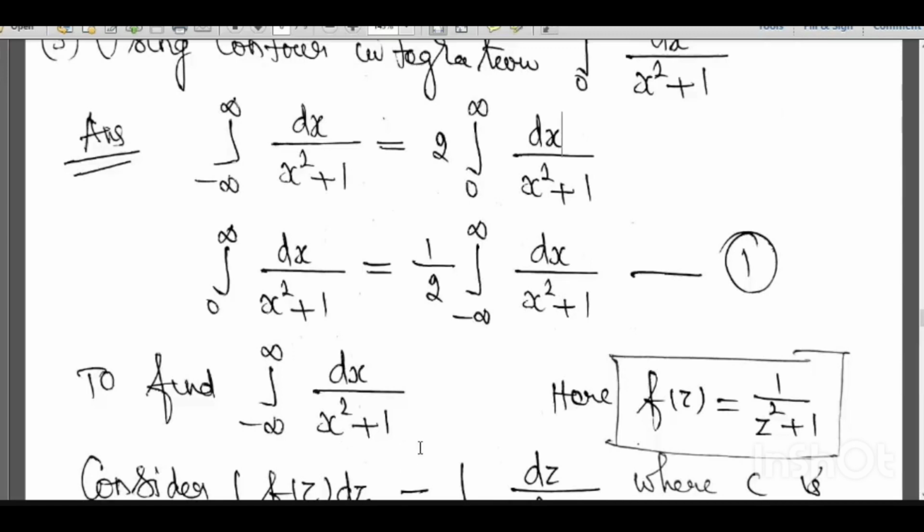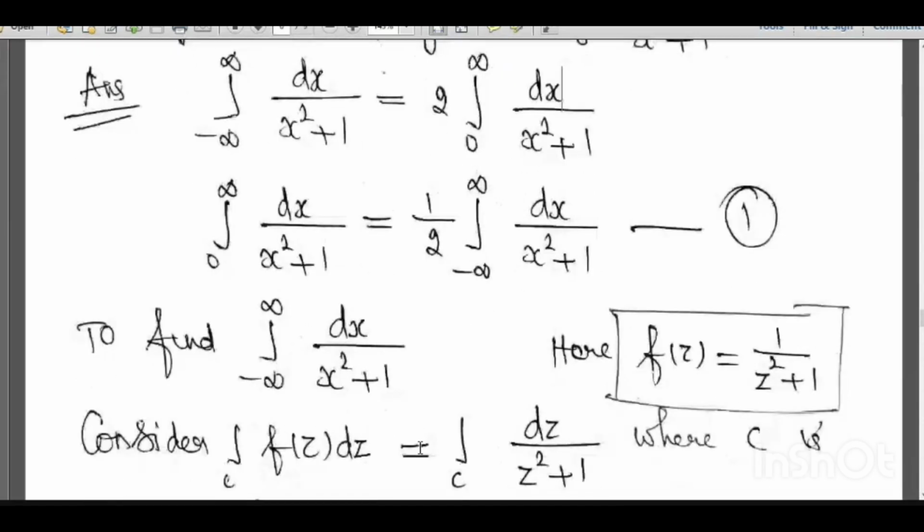So we have to find the value of the integral from minus infinity to plus infinity of dx divided by x square plus 1.